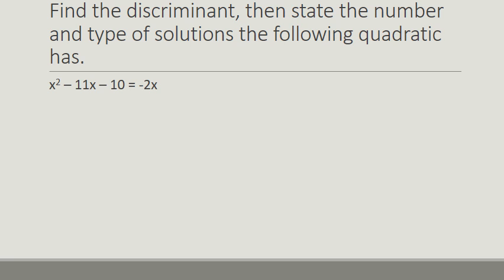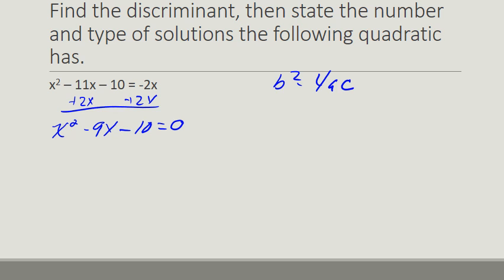Right. Last example, I'm going to add 2x to both sides. So I get x squared minus 9x minus 10 equal to 0. So b squared minus 4ac is negative 9 squared minus 4 times 1 times negative 10.